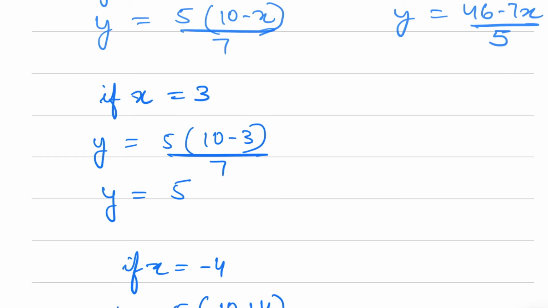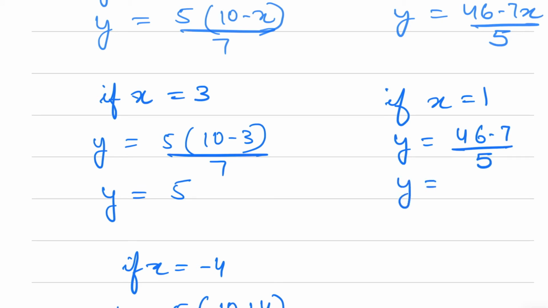Second equation I can take, if x is equal to 1, so y would be equal to 46 minus 7 by 5. So y would be equal to 46 minus 7 is 39, 39 by 5. So I'll have 7.8, right?